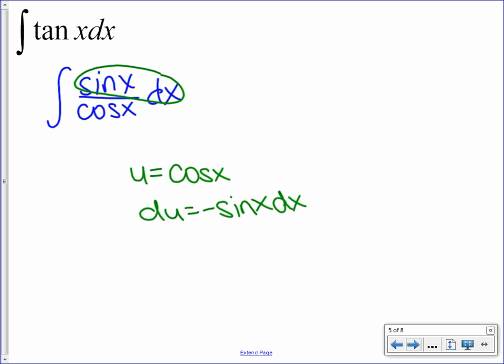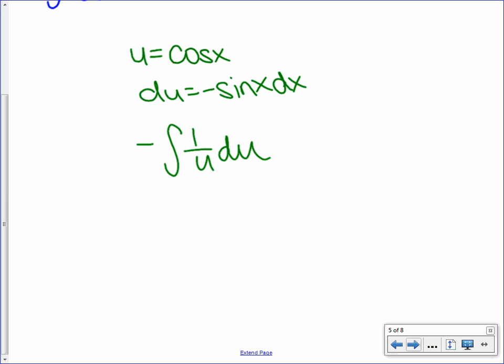And so we can make that substitution. But what kind of du do we need to substitute? Negative du. So when we take the antiderivative, we end up getting negative natural log of the absolute value of u plus c.